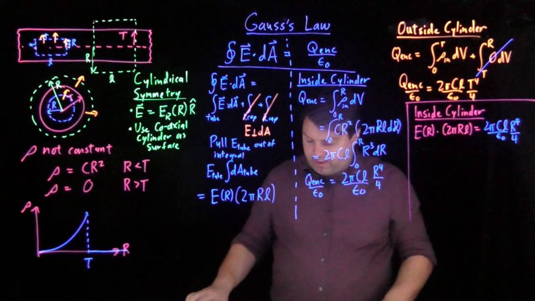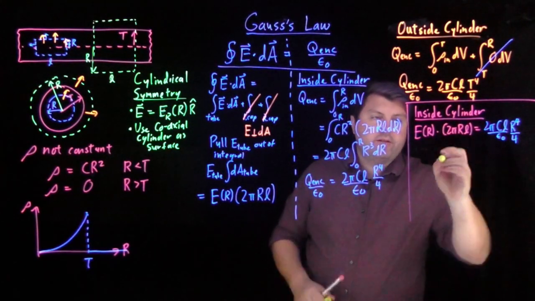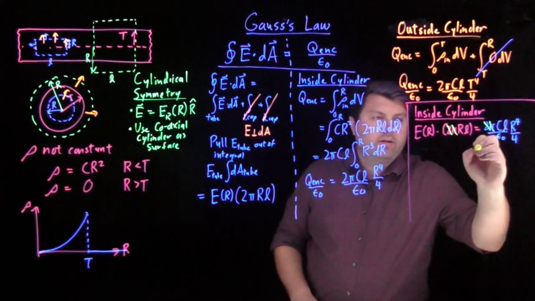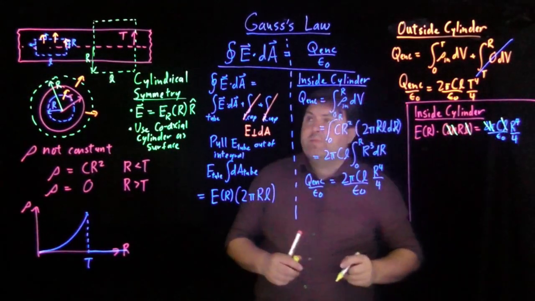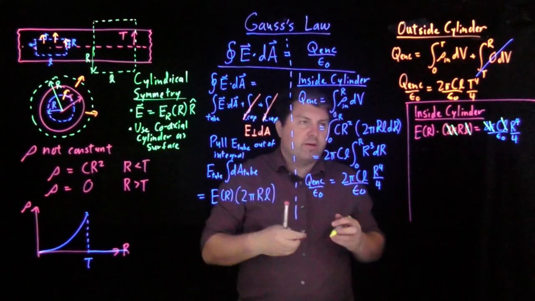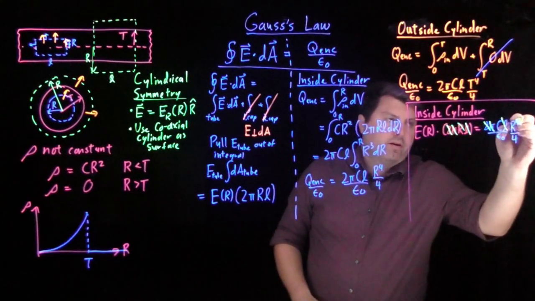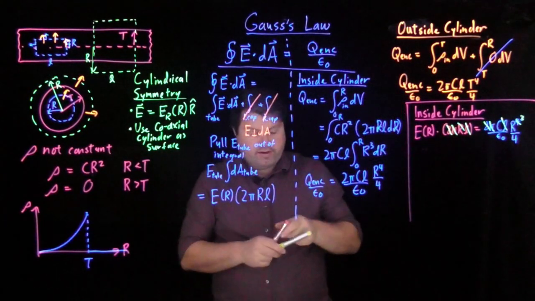So bringing these all together, we can cancel out the 2 pi on each side, the L on both sides, which means our choice of how long of a Gaussian surface we have does not matter. And then this R, we can actually cancel out with 1 power of our 4 powers there.